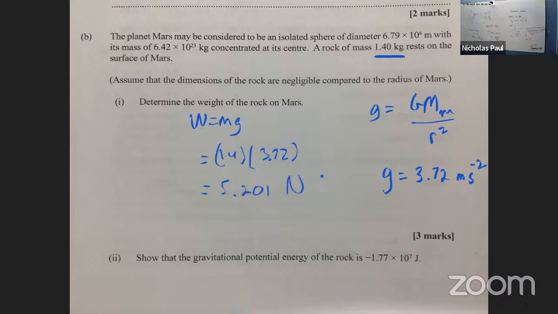Now they want you to find the gravitational potential energy. The symbol that they use is U, the gravitational potential energy of Europa.